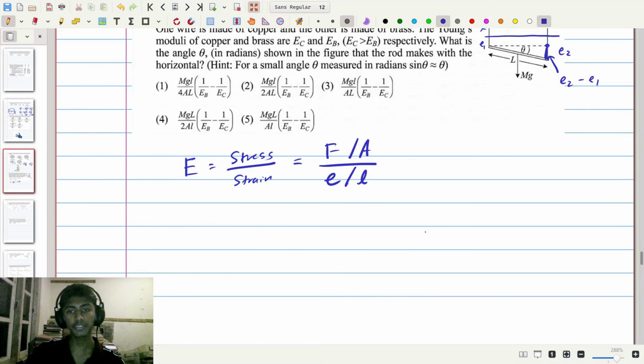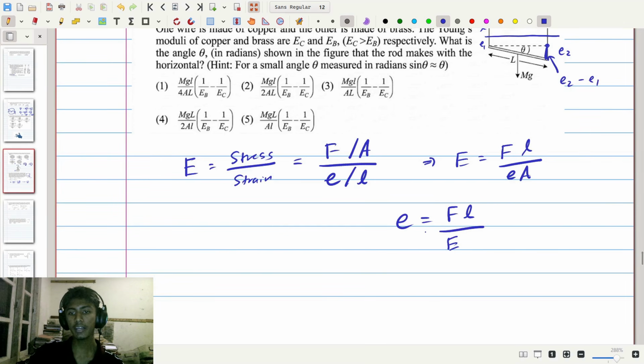Now rearranging, we get E equals F times L divided by e times A. And if we make extension the subject, we get extension equals force times natural length divided by Young's modulus times cross-sectional area.